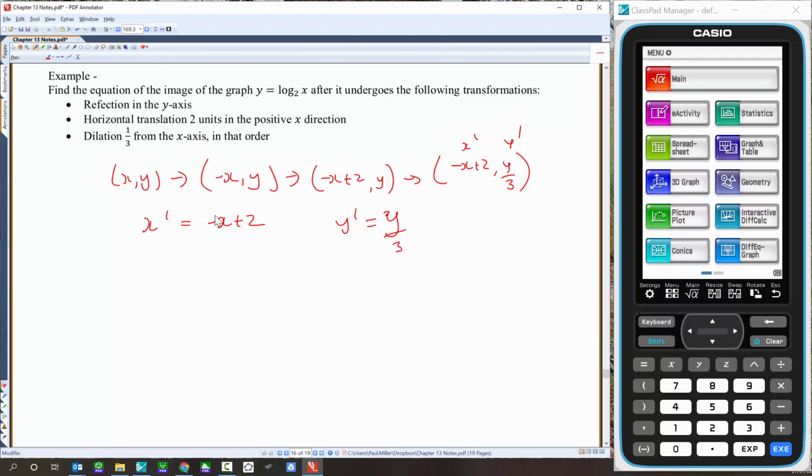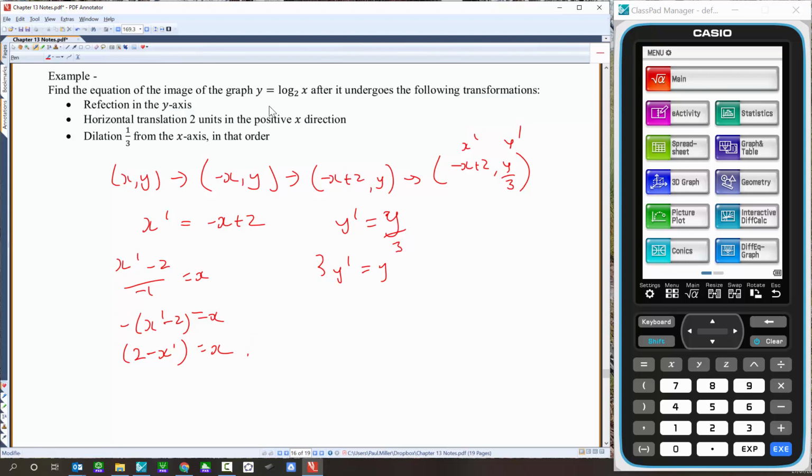Okay, so what do I need to make the subject? Well, we've got a y and an x, so I need to make y and x the subject. 3y dash equals y. (x dash take 2) all over negative 1 equals x. Now note that this could also be written as negative (x dash take 2) equals x, or I could write it as 2 take x dash equals x as well.